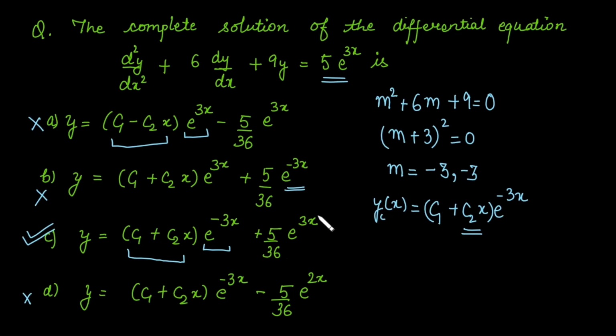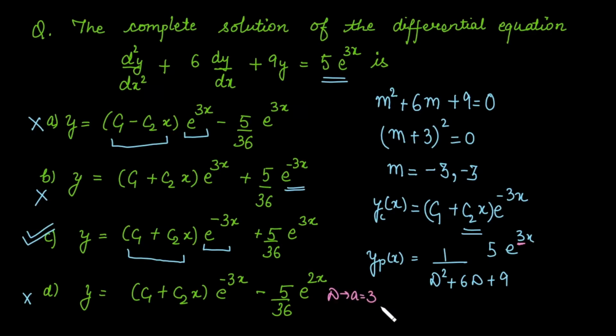We can even calculate the particular integral to verify this. For that, we write 1 upon d square plus 6 times d plus 9, operating on e raised to power 3x, multiplied by 5 as it is. In case of exponential, we replace d by the coefficient of x, that is 3.